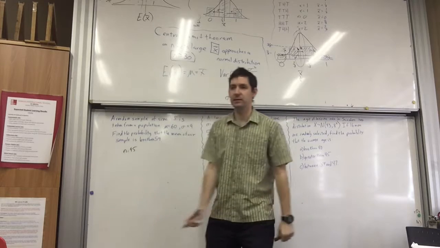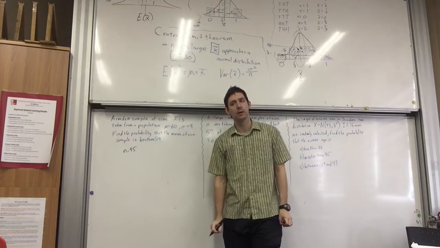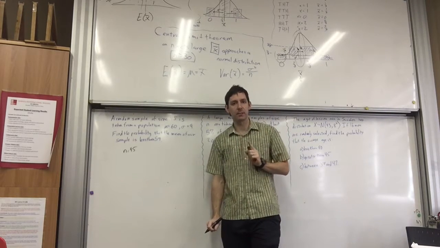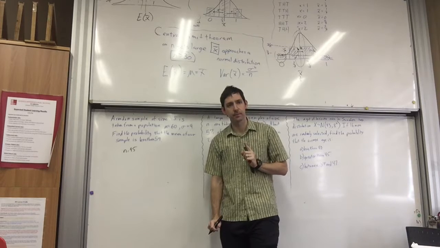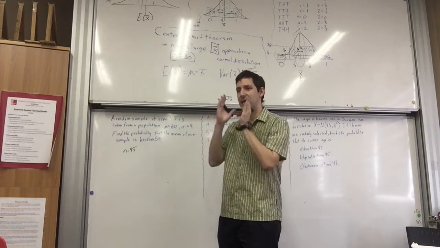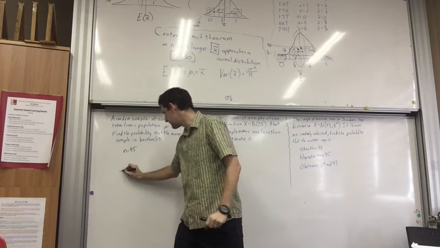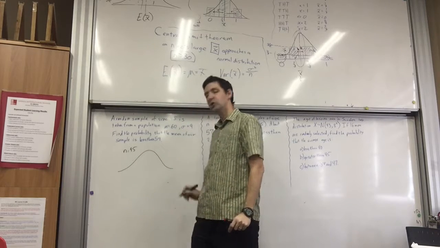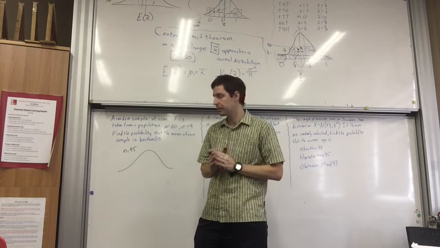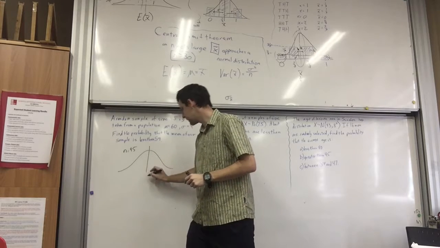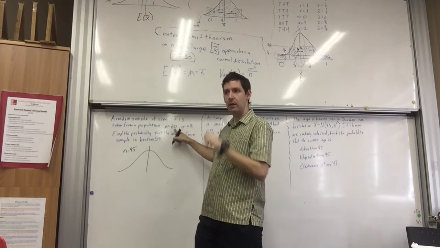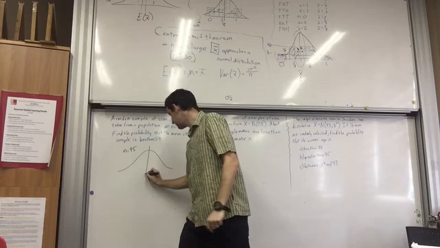Why is 45 significant? It is larger than 30. What does that mean? It's approximately a normal distribution. It means that I expect that the averages, the means, should have a normal distribution. So I expect that the average is 60.